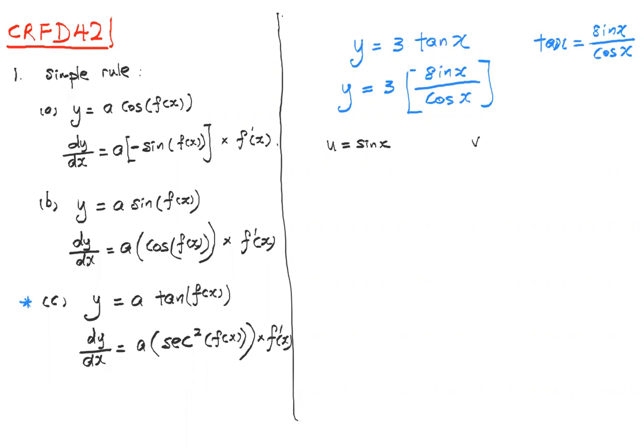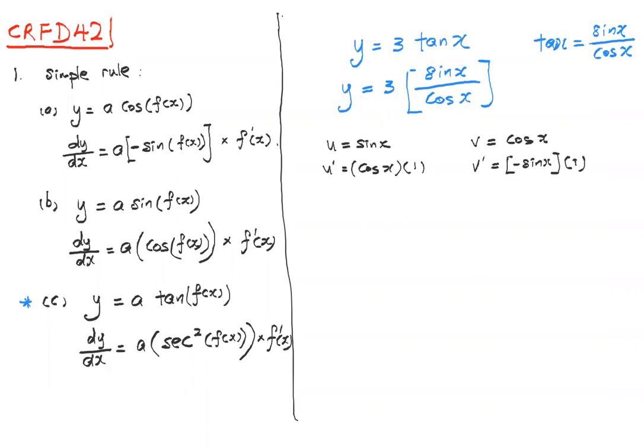My v is cos x. So you differentiate sin x, you got cos x. You differentiate x, you got 1. You differentiate cos x, you got negative sin x. You differentiate x, you get 1.